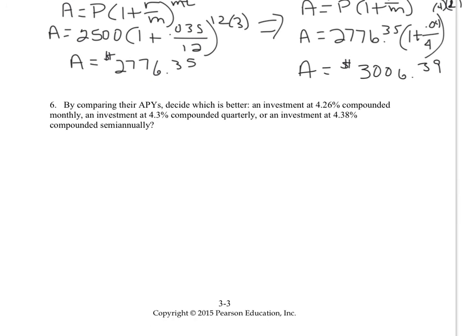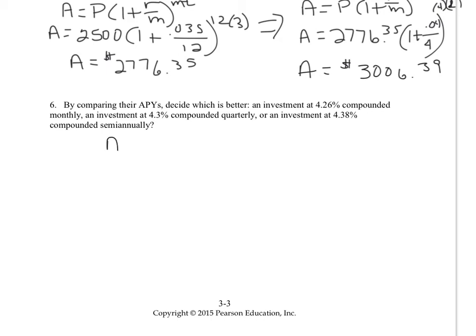Okay, now we need to learn how to make that comparison with APYs in order to see what would be a better deal. So by comparing their APYs, decide which investment is better. An investment at 4.26% compounded monthly, an investment at 4.3% compounded quarterly, or an investment at 4.38% compounded semi-annually.